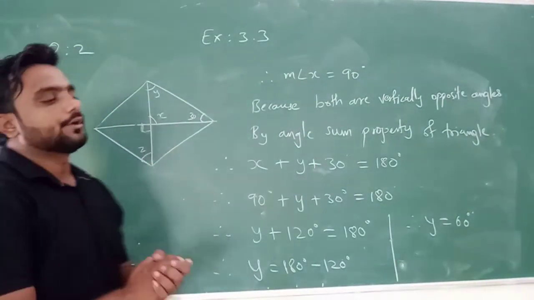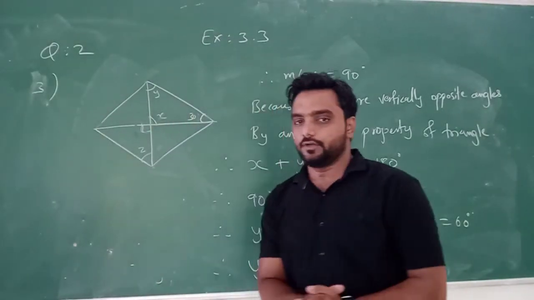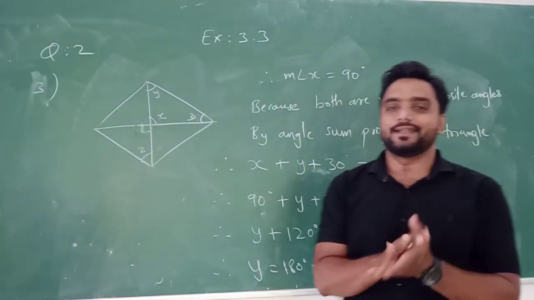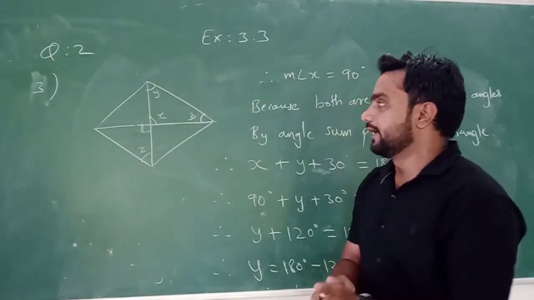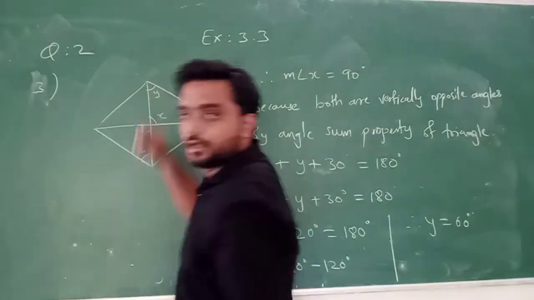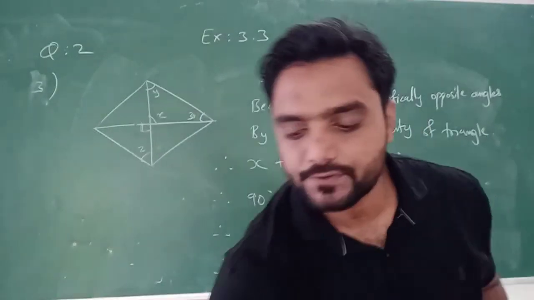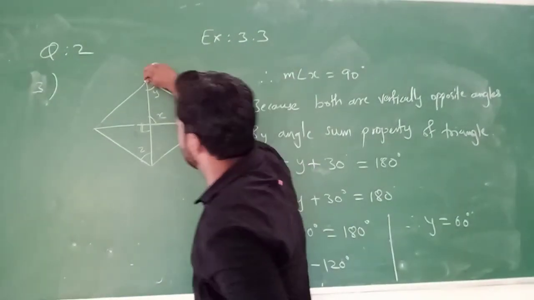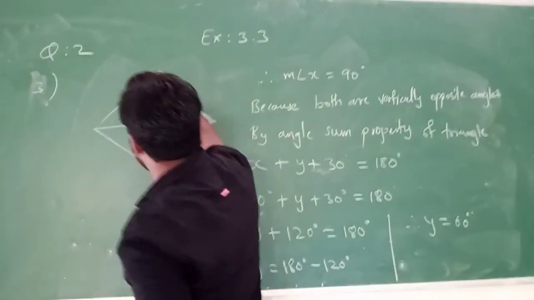Now in order to find the value of z, first of all you have to understand the alternate angle. According to that, just see this figure, जिसको मैं dark कर रहा हूँ, जो line को खास करके देखो. These two are forming the alternate angle.